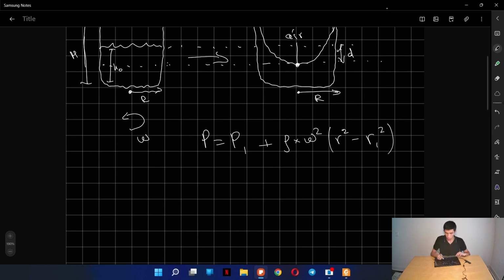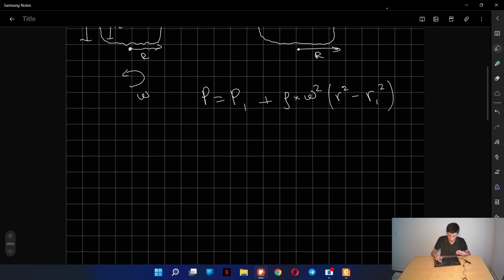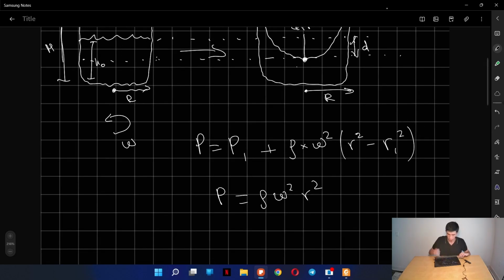Our r is equal to 0 at this point, and our initial pressure is also equal to 0. So the new equation we're going to have is the density multiplied by angular frequency squared and r squared, because our initial radius is 0 at this point.